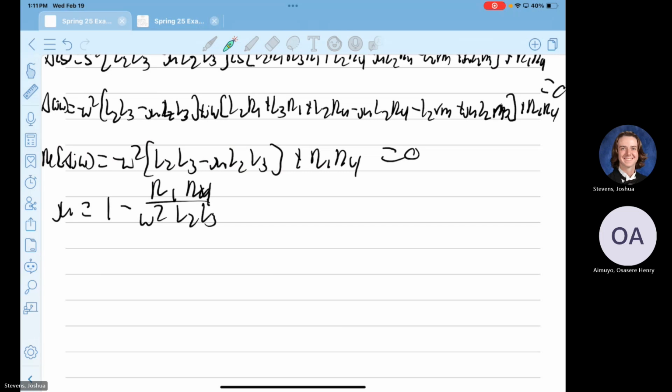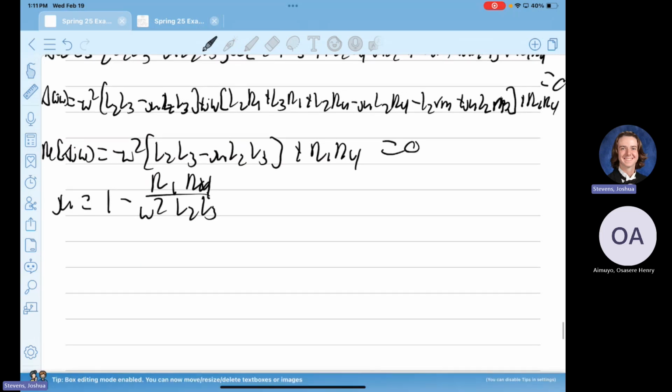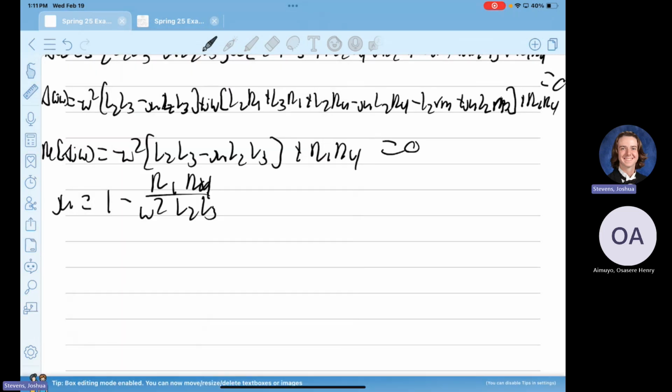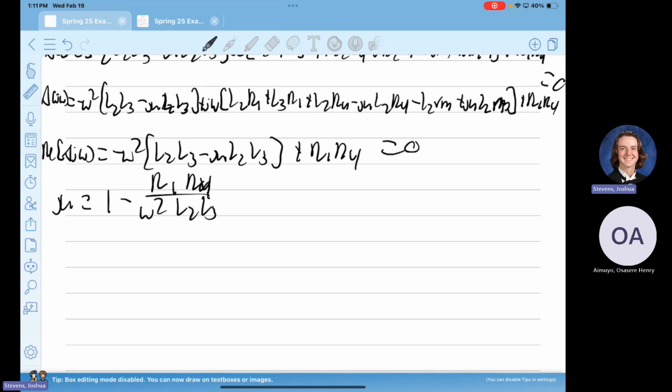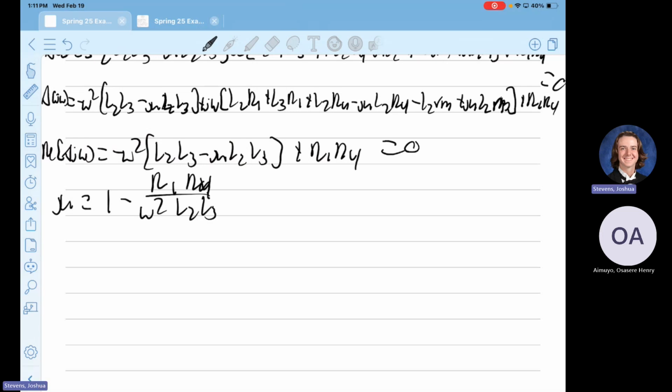So when you plug in the values for everything, and you're given F naught, but your equation has omega, how do you get omega from F naught? Omega, yes, from F naught to omega.